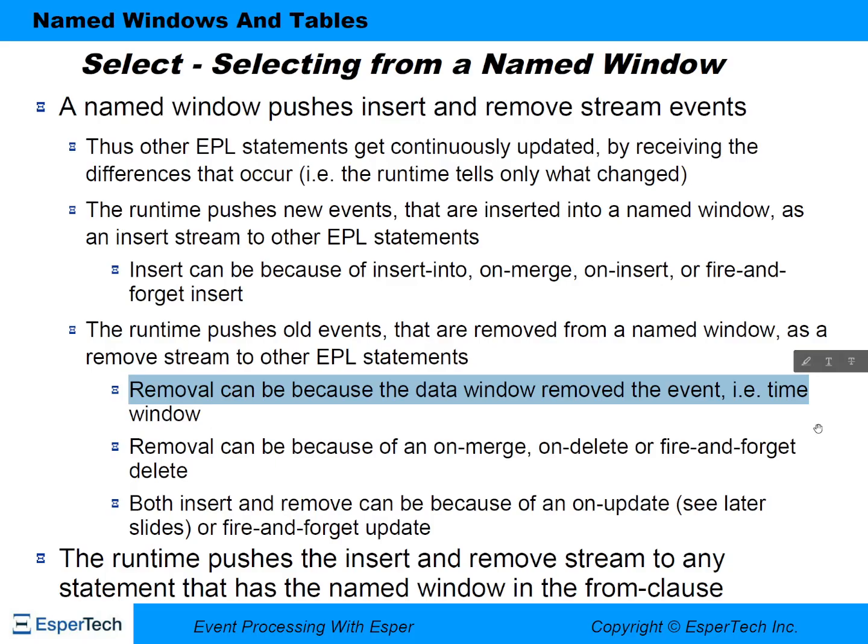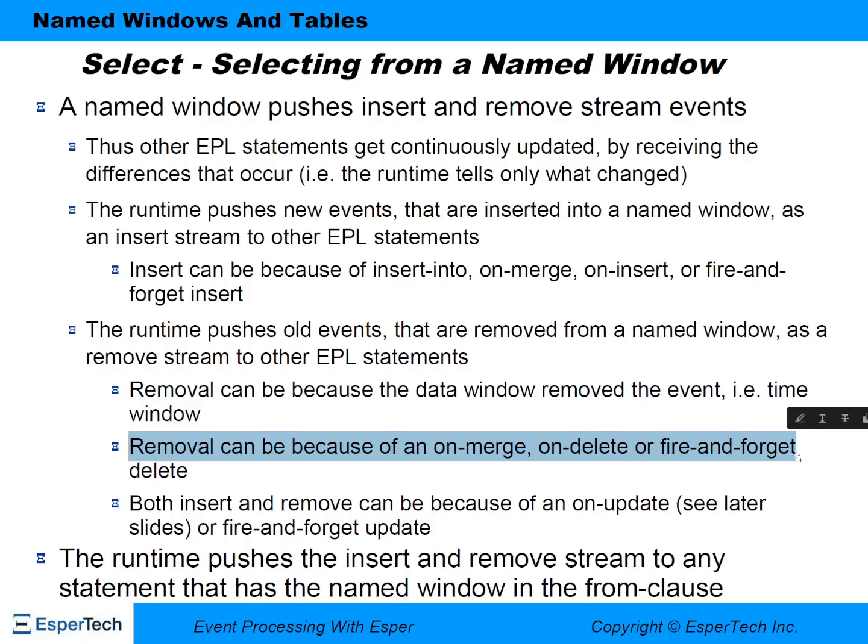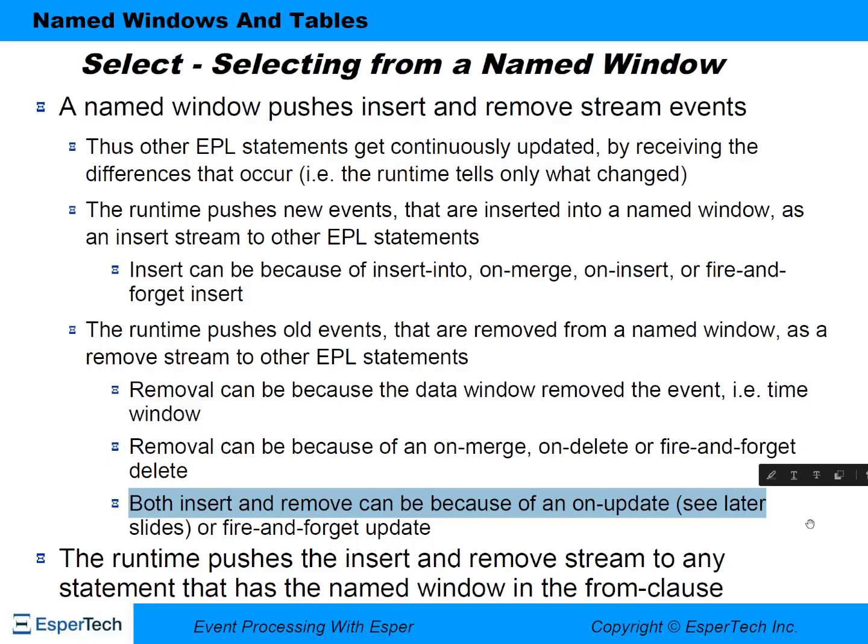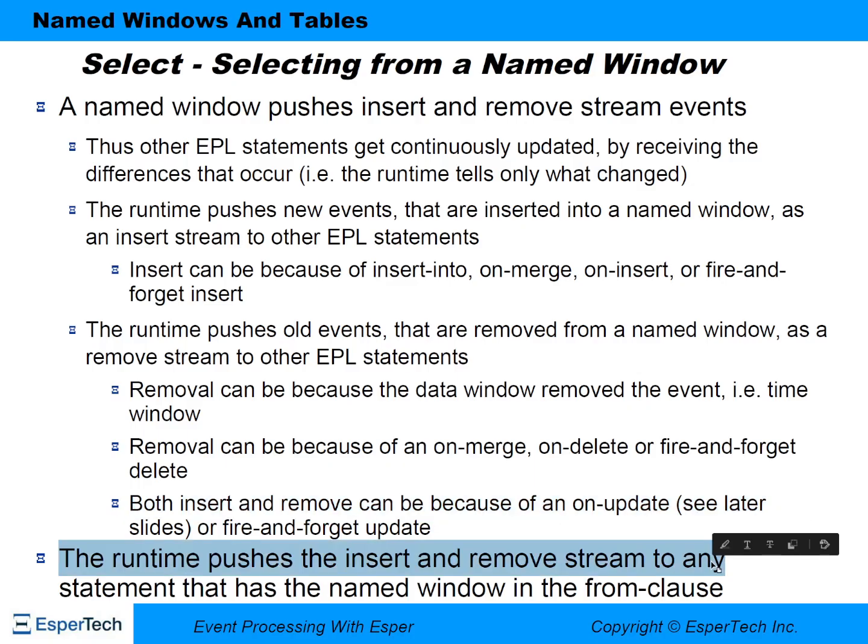Removal can be because the data window removed the event, for example, when declaring a time window. Removal can be because of an on merge, on delete or fire and forget delete. Both insert and remove can be because of an on-update or fire and forget update. The runtime pushes the insert and remove stream to any statement that has the named window in the from clause.